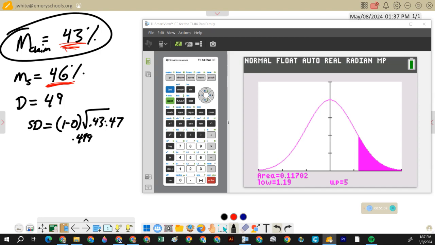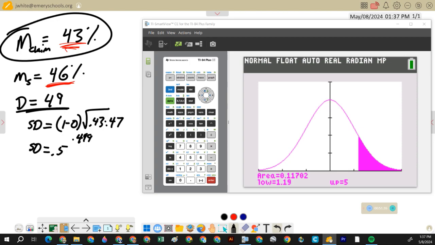Okay. So with an SD of 0.5, what sort of test are we going to do? We are going to do a one sample t-test. Why a t-test? Because the draws are less than 100.